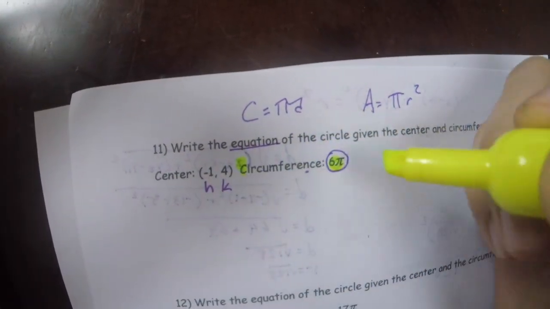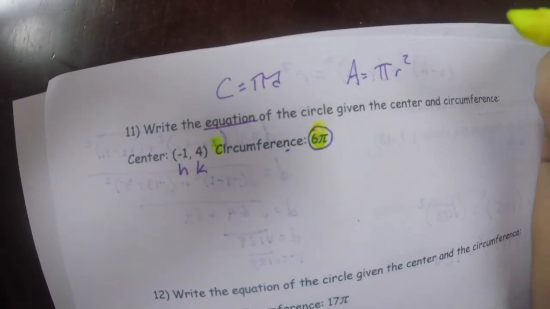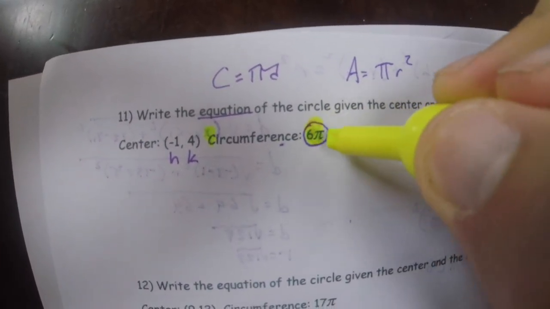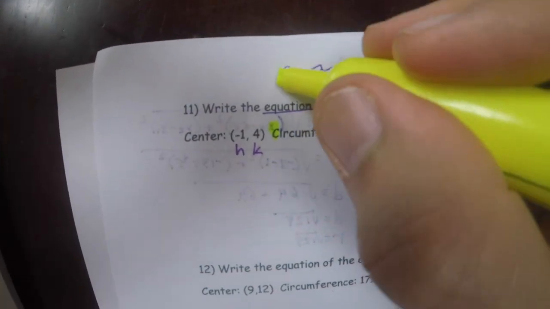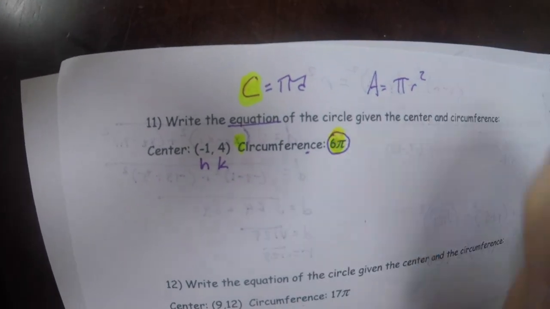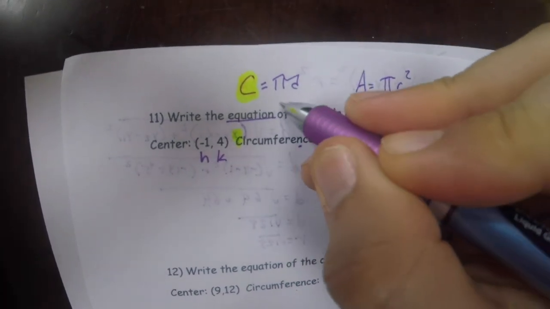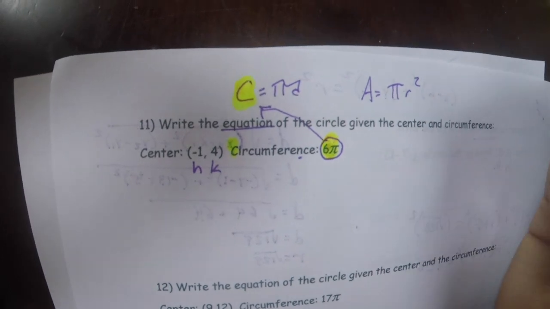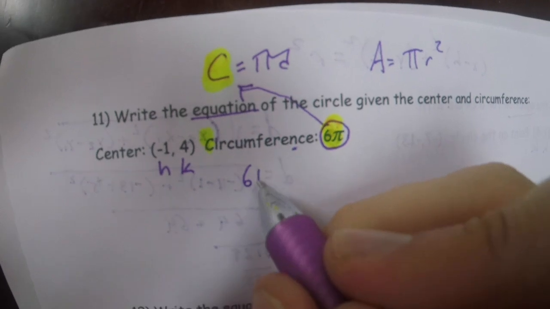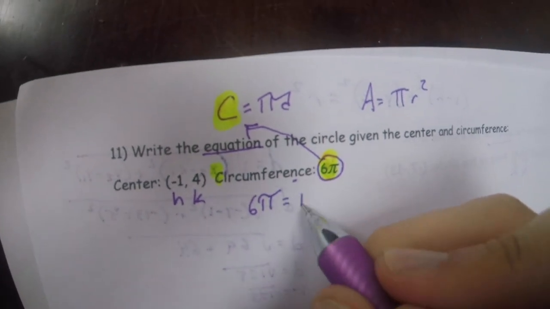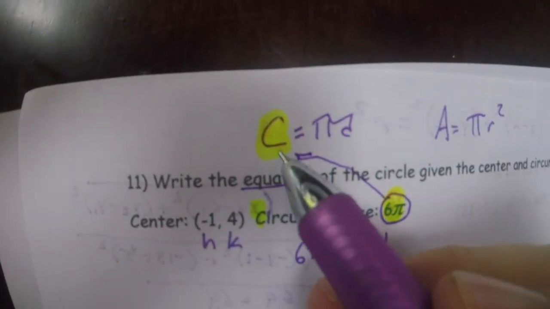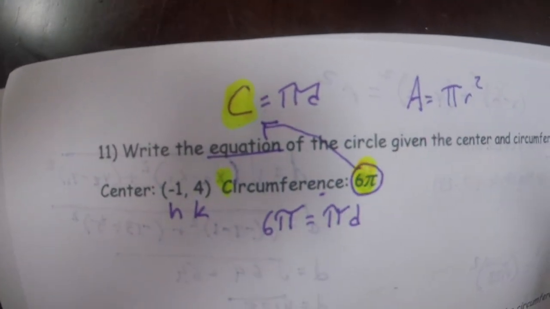I'm plugging 6 pi in for C because this is the circumference. 6 pi equals pi times the diameter. All I did was pop it in right here.